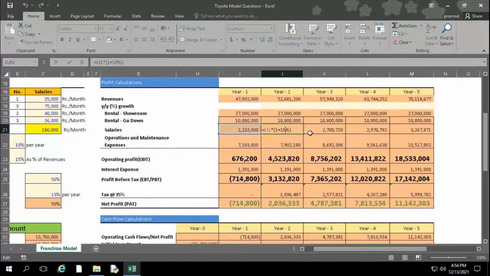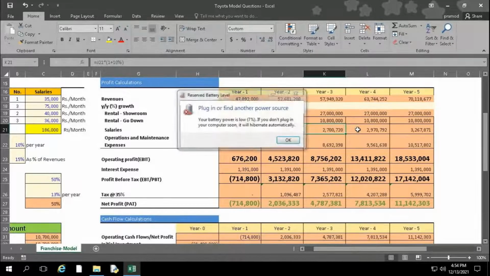See? Change the value of the salary. Yes, sir. Sorry, year to year we have to copy the previous year and we have to put 1 plus, no, sir? Correct.